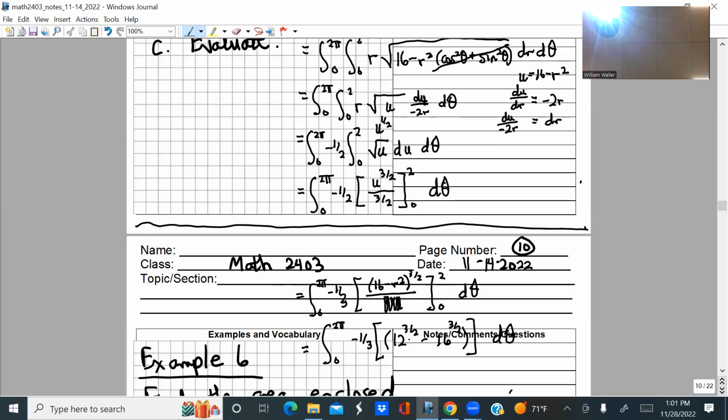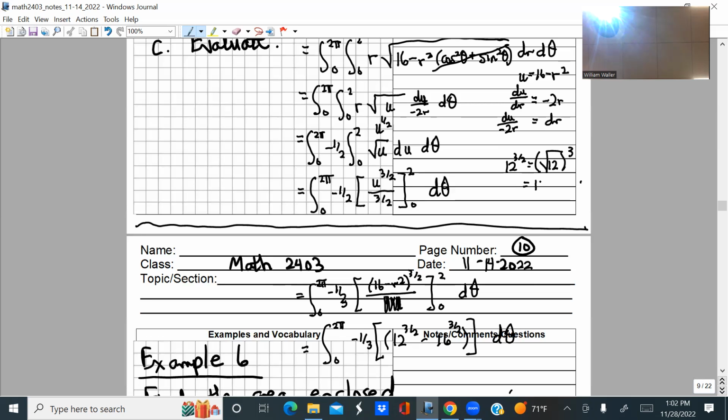What is 12 to the 3/2 power? Shall we write that down somewhere else? 12 to the 3/2 power. So that means the square root of 12, cubed. What's the square root of 12? Right.